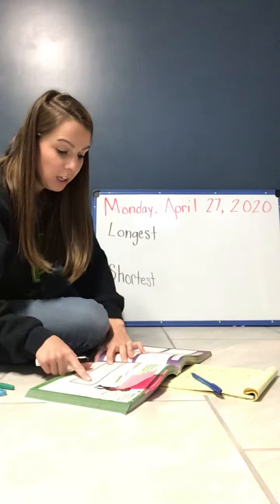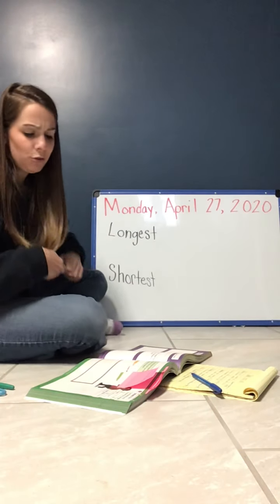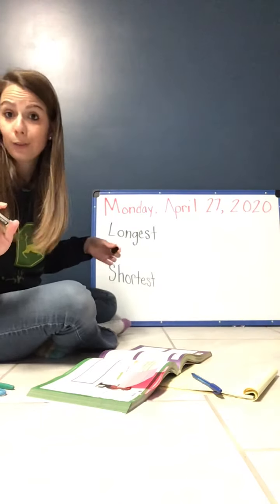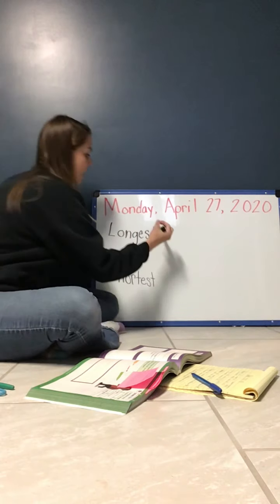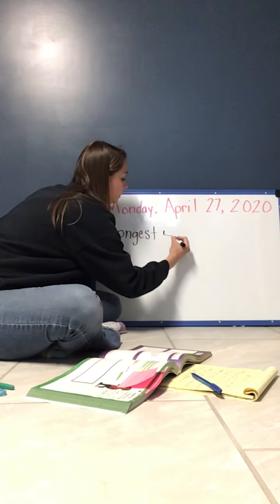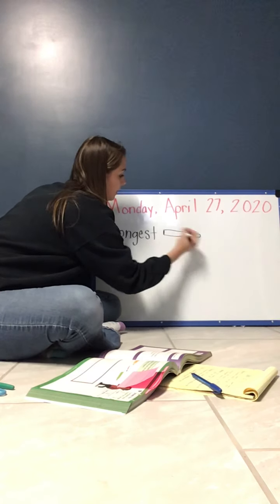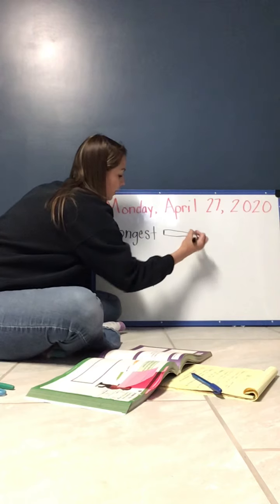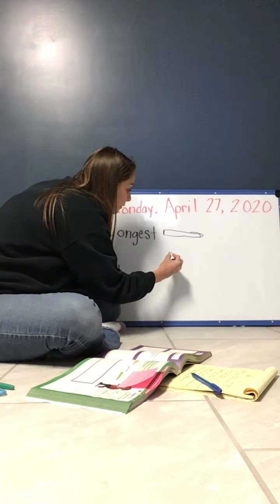Now, in your book, they give you 3 different objects, but they just ask you to draw those. So you don't have to be the best drawer in the world. You know that I'm not. So I'm going to draw my pen, kind of make it like this, a little tip on it with the cap. All right, so there's my pen. Then try your best to just draw the scissors.